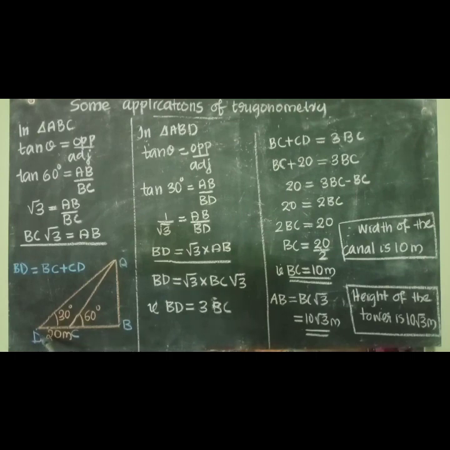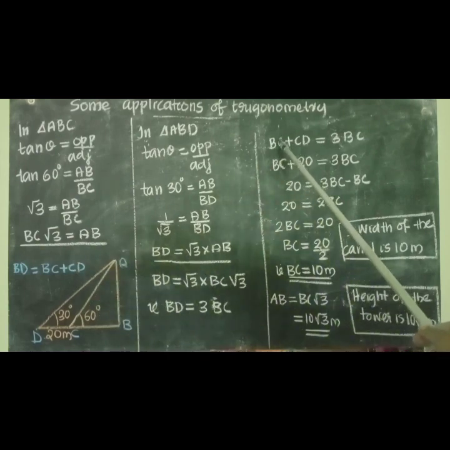Now you see the figure. This total length is BD. So we can write BD equal to BC plus CD. So here this BD we can replace by BC plus CD.